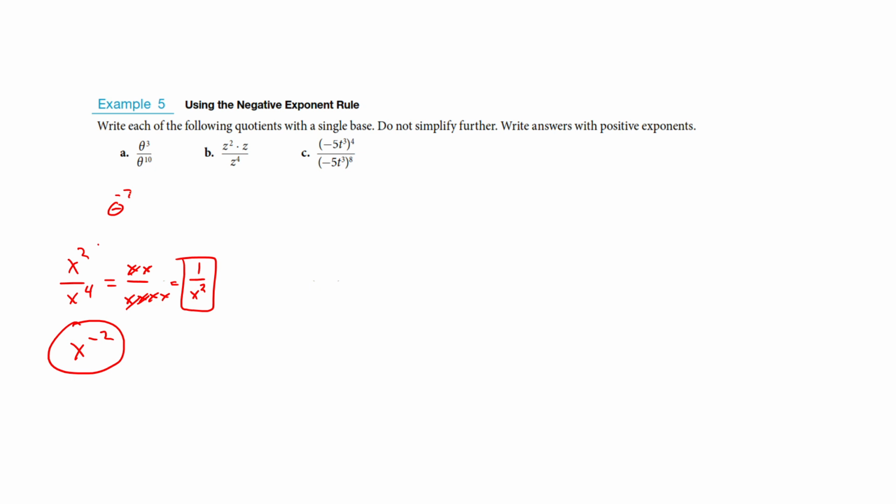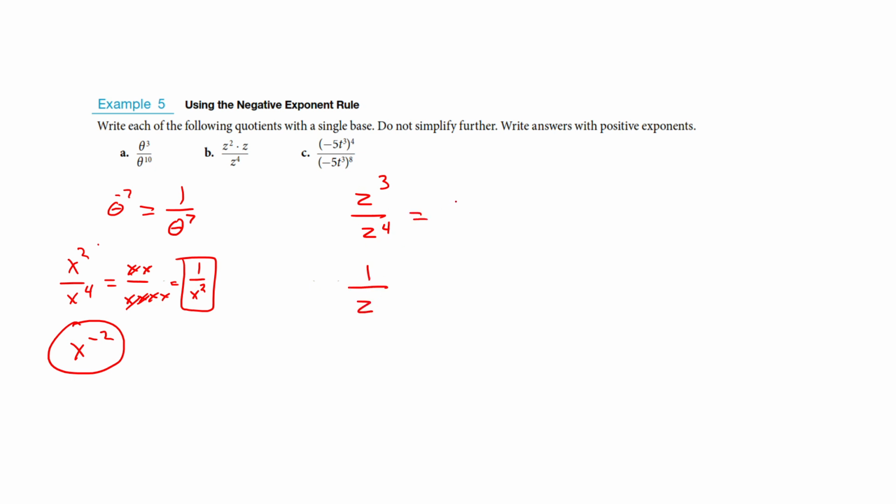So if I have theta to the negative 7, that's the same thing as 1 over theta to the 7th. Do you see if you canceled them down, you should have 7 on the bottom? Another way of thinking of it is if you subtracted them and got the negative exponent, you could just move that down below. So here on B, I've got z to the third on the top over z to the fourth. If you canceled them, do you see you're going to have 1 over z?